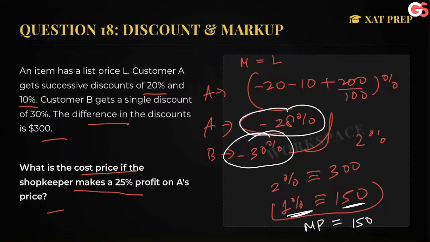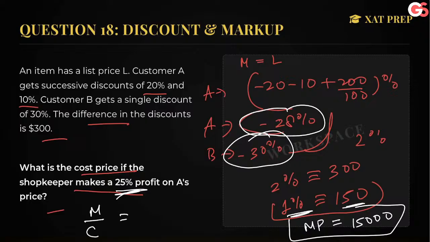Clear? अब कॉस्ट प्राइस क्या होना चाहिए कि 25% का प्रॉफिट हो शॉपकीपर को A के प्राइस पे. All right. So M by C, let C be the price of A, will be equal to (100 plus profit, that is 25) upon (100 minus discount). यहाँ से निकला 28, 100 minus 28.